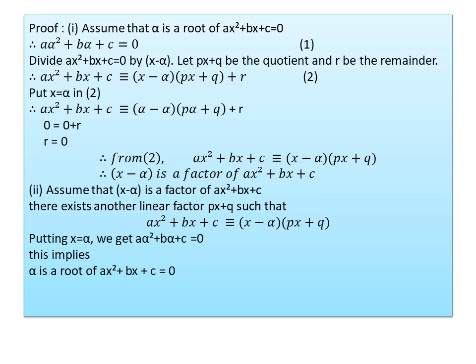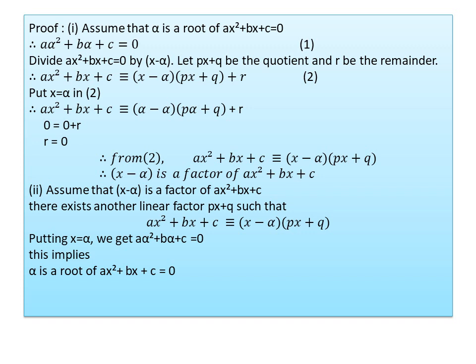Now divide ax square plus bx plus c by x minus alpha, because x minus alpha is a factor. When we divide, we get px plus q as the quotient, and let r be the remainder of that division.